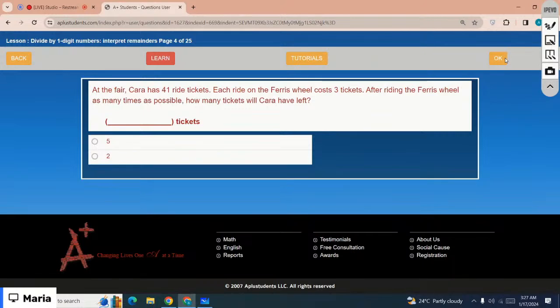At the fair, Kara has 41 ride tickets. Each ride on the Ferris wheel costs 3 tickets. After riding the Ferris wheel as many times as possible, how many tickets will Kara have left? So, which is the correct option?